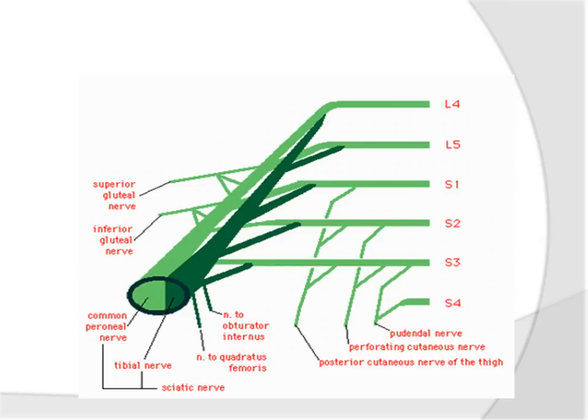All of the anterior divisions of L4, L5, S1, S2, and S3 combine to contribute to the common peroneal nerve. All of the posterior divisions of L4, L5, S1, S2, and S3 combine to contribute to the tibial nerve.